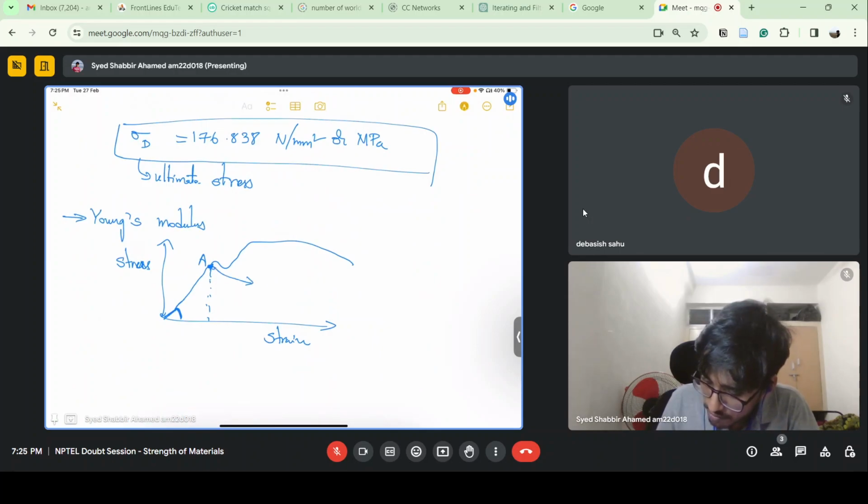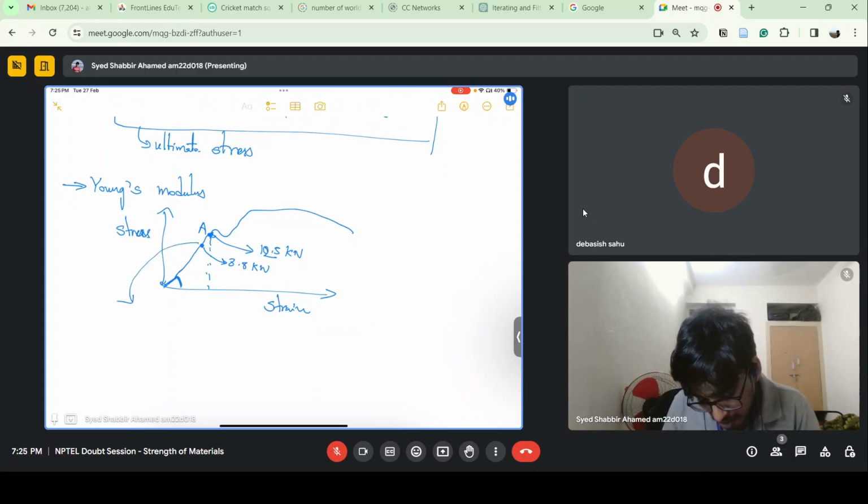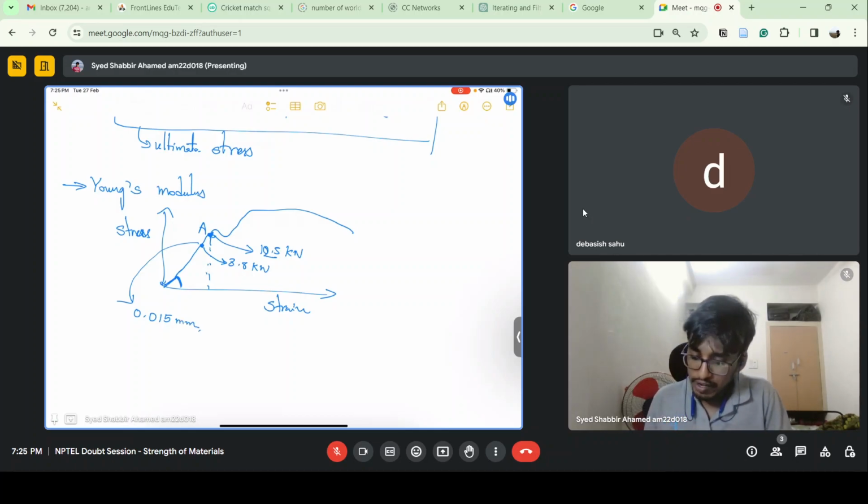At this point, the load is 12.5 kilonewton at the proportionality limit. And let's say this point is some 8.8 kilonewton, just below the proportionality limit. And at this point, the elongation of the specimen is given as 0.015 millimeter. So this is basically the elongation.